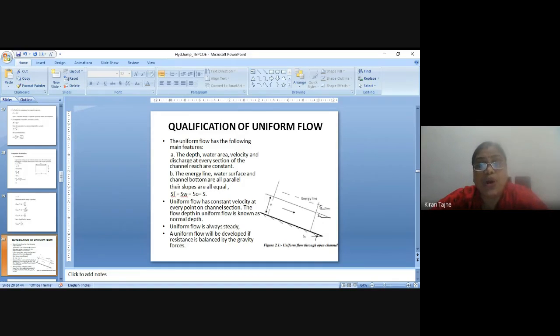So uniform flow has constant velocity at every point on channel section, and the flow depth in uniform flow is known as normal depth.